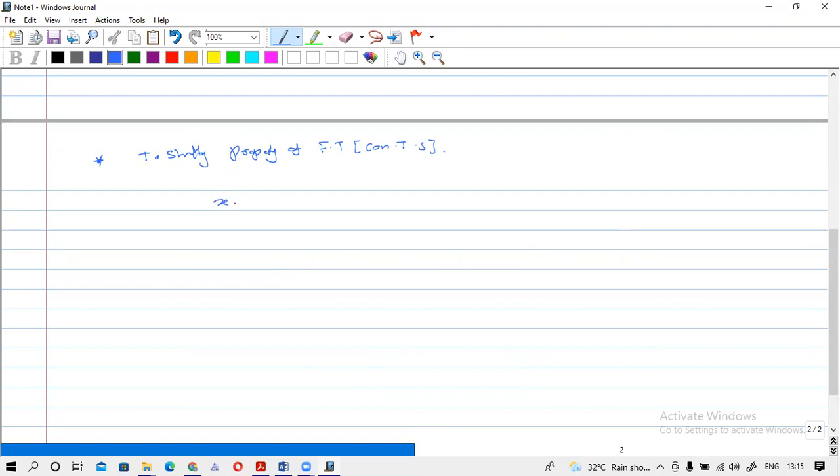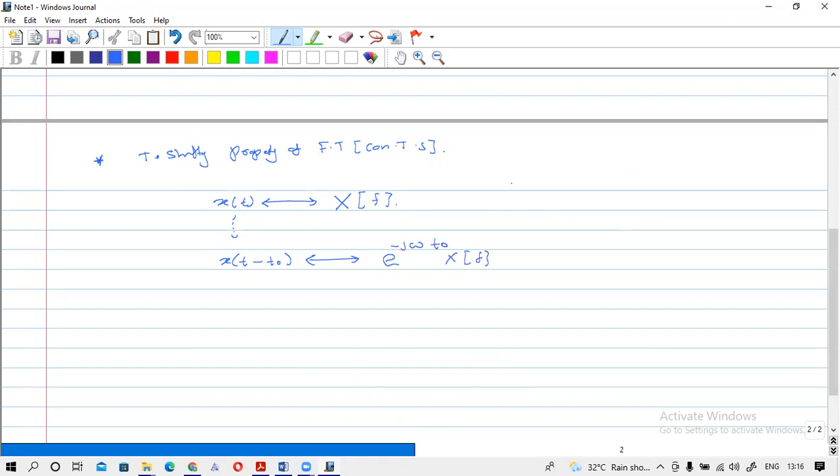If we have a time domain signal x(t), and if we get the Fourier transform of this x(t), it may be X(f). And if we have a time shifted signal, the same signal but time shifted by t naught, we will have e to the power minus j omega t naught times X(f).